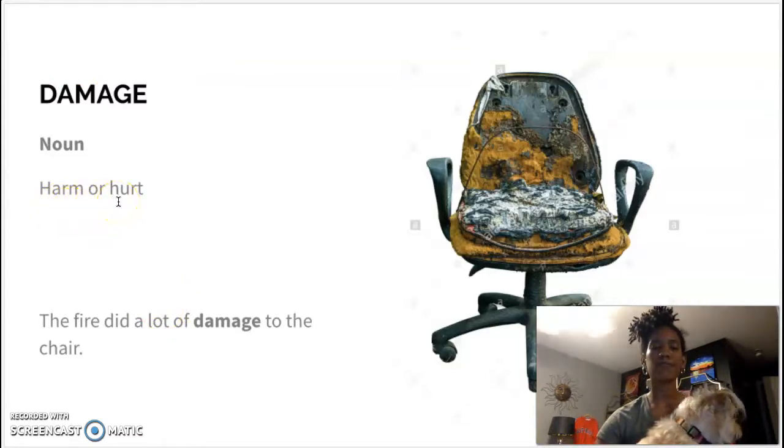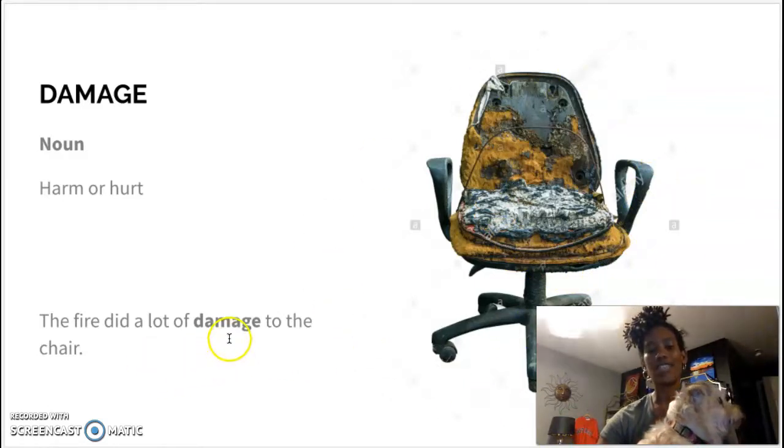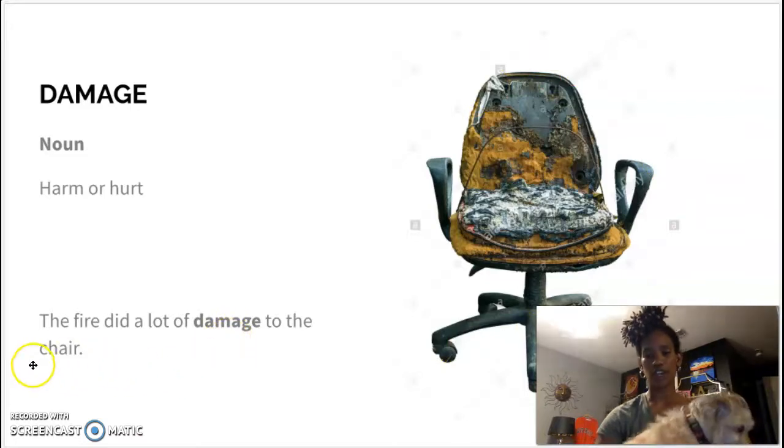An example: the fire did a lot of damage to the chair. It harmed the chair. It hurt the chair. It caused the chair harm. The fire did a lot of damage to the chair.